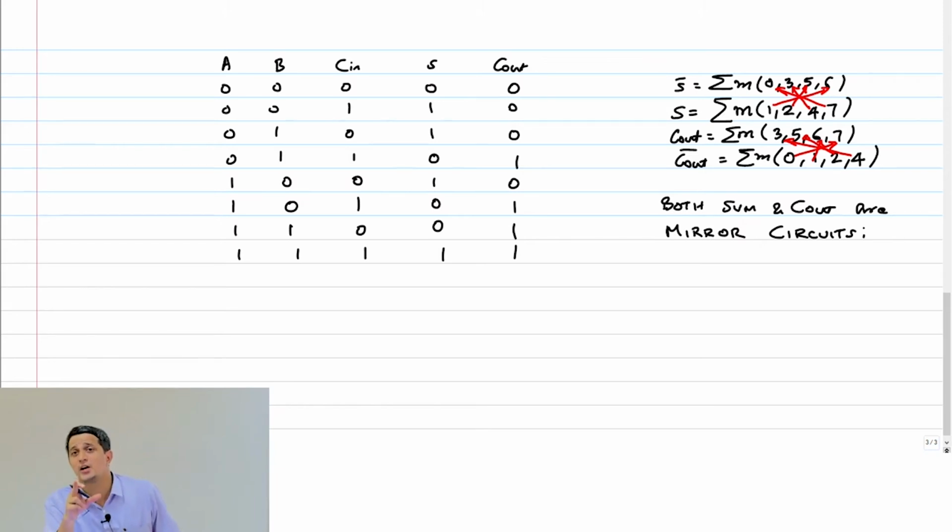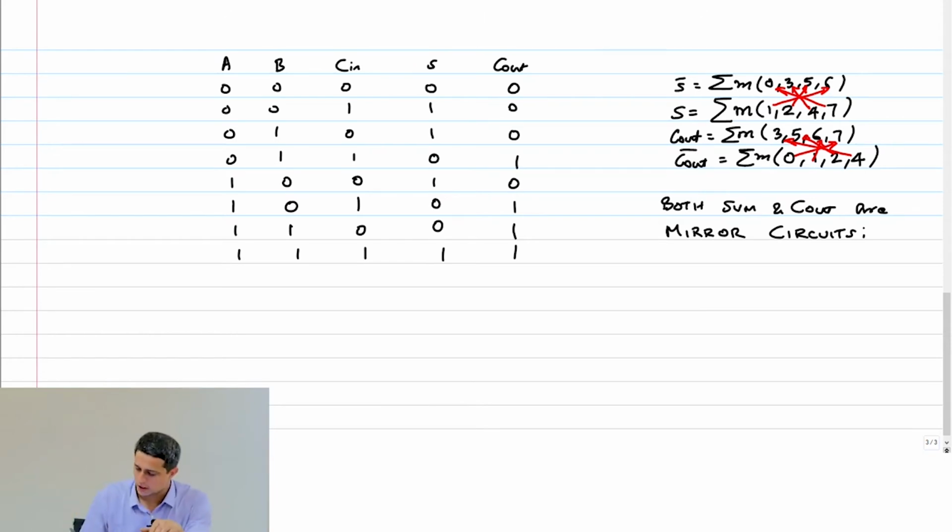The necessary condition is that I need to have an equal number of ones and zeros in my output. If there are 8 combinations, 4 have to be ones and 4 have to be zeros. Only then can that inversion, that mirroring, happen. But it's not always true. Here it just turns out that the sum is an XOR, right? And the carry out is also of the form AB plus BC plus CA, so it happens that the mirroring property indeed holds.